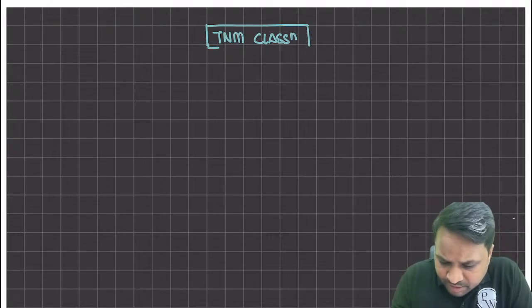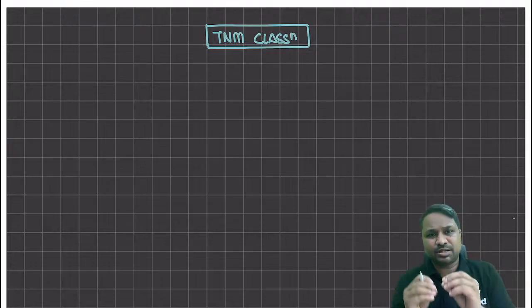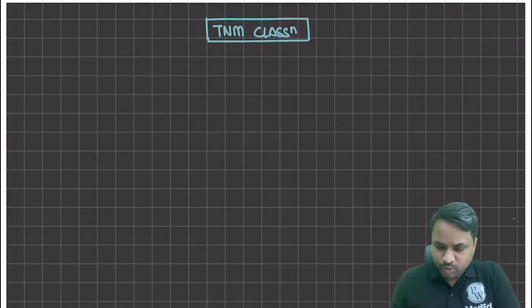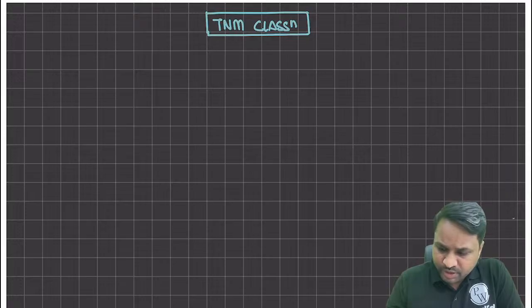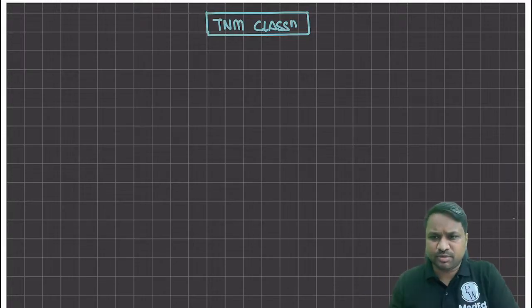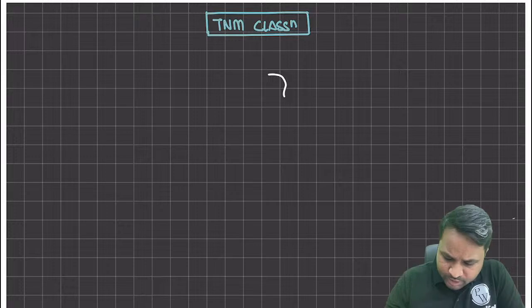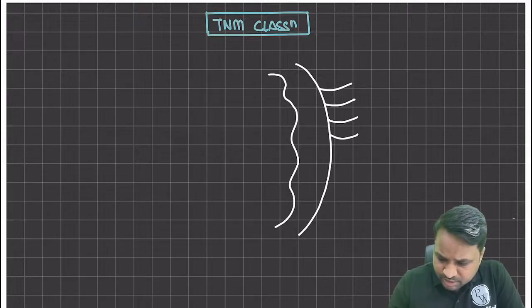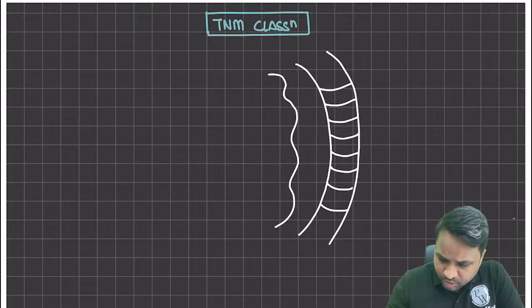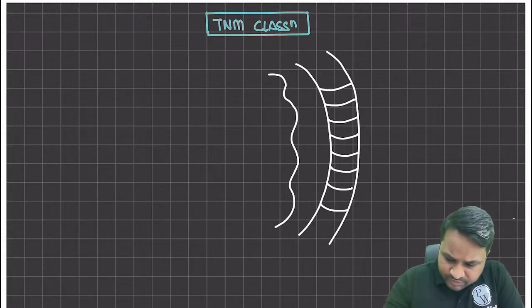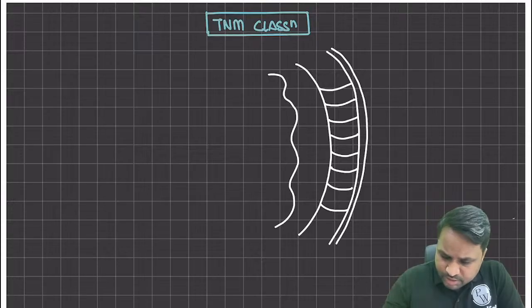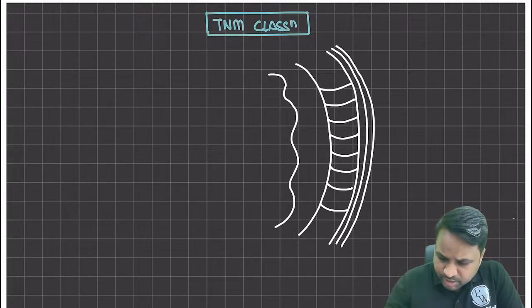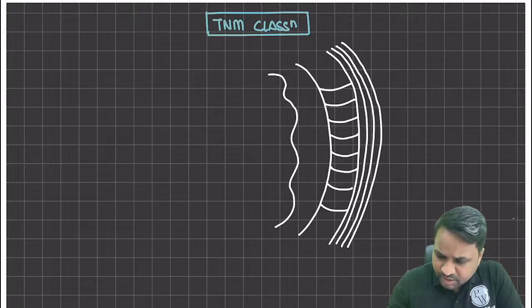Now, as we've been learning all our TNM classifications based upon how they present to us, we are going to do the same thing here, so that it becomes easier and more understandable. The innermost layer is the mucosa. Surrounding the mucosa, we have the submucosa. Surrounding the submucosa, you have the inner circular muscles. And surrounding those, the outer longitudinal muscles. In the esophagus, we only talk until this point, because beyond it you have the adventitia.